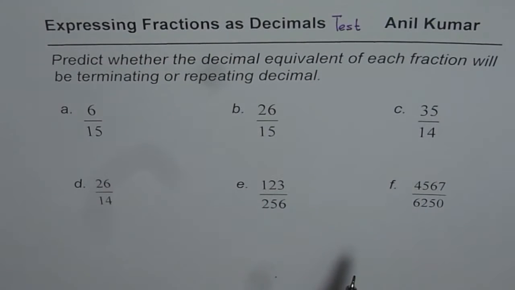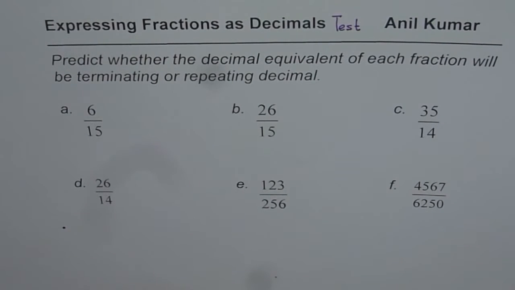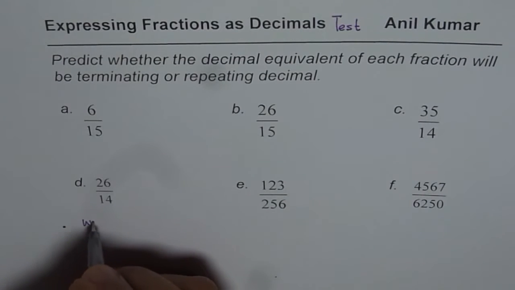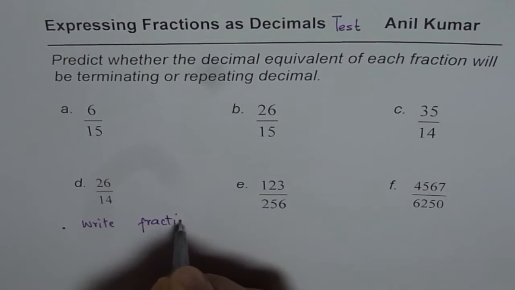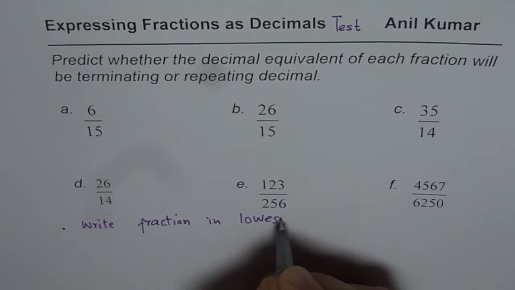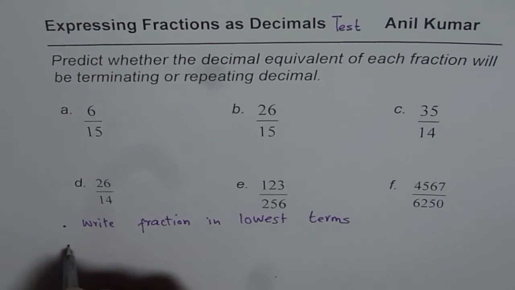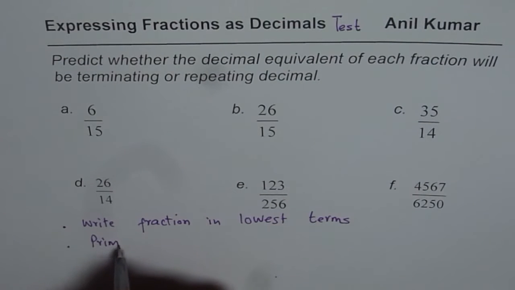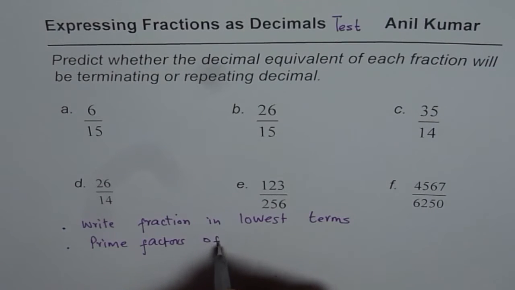Now, to answer such questions, there are two steps which you should follow. Step number one, write the fraction in lowest terms. This is the first step, right? And the second step is prime factor of the denominator.